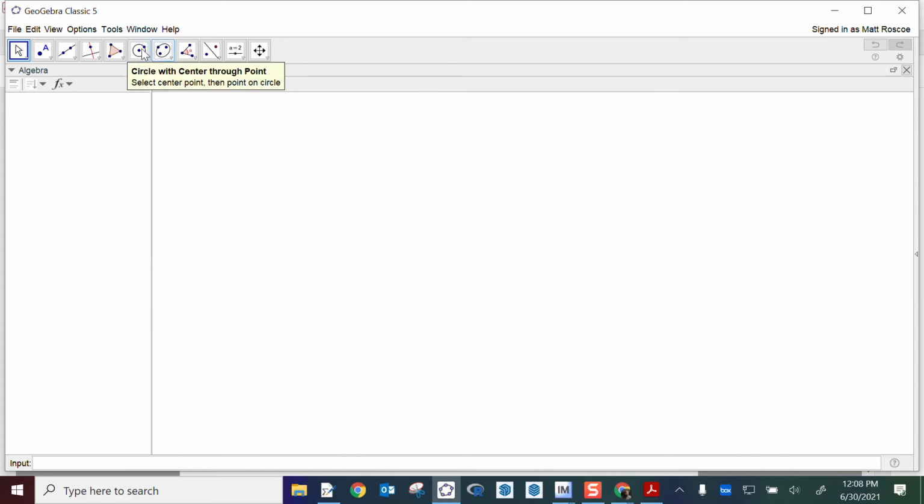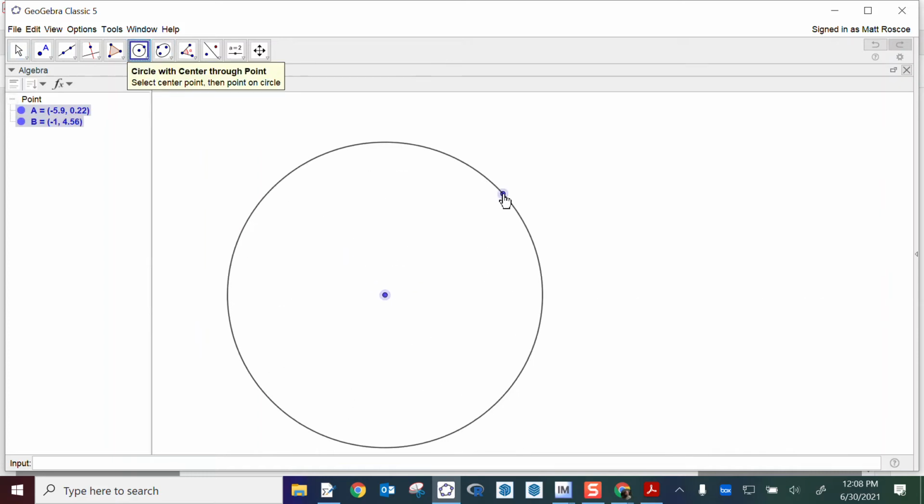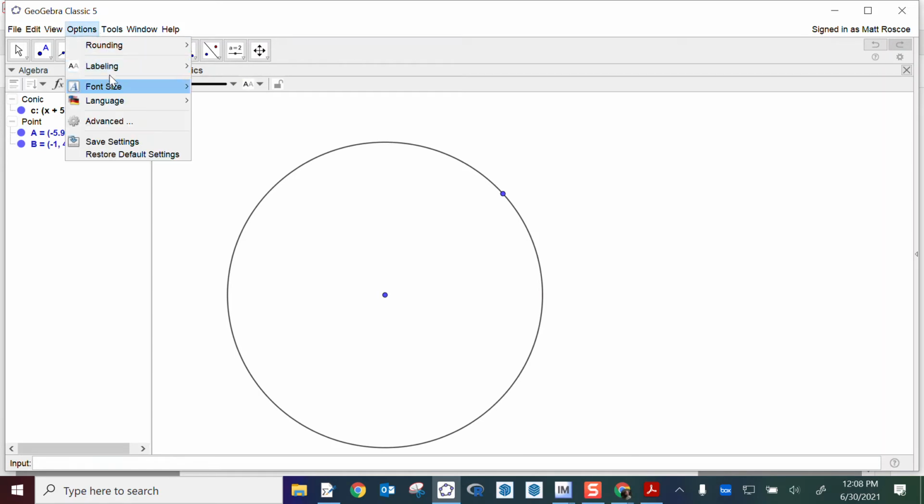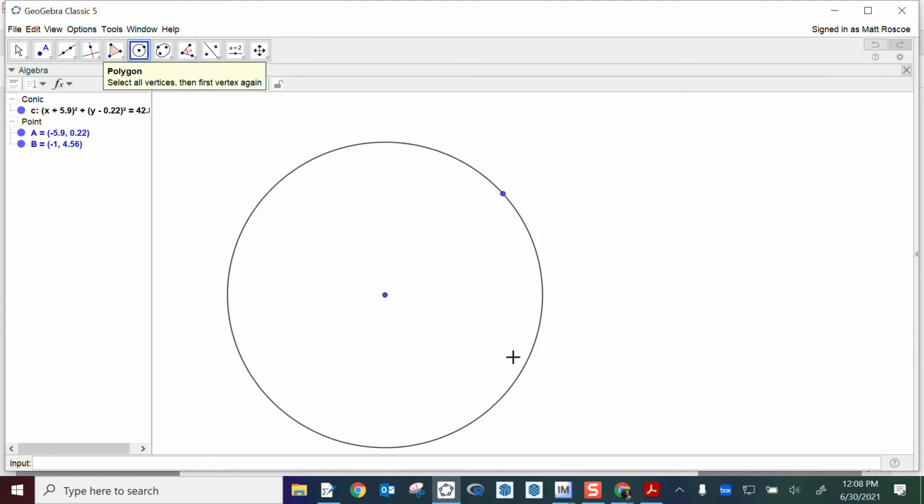The question says start with a circle with center O. I also have options for labeling. I usually do no new objects because I feel like it over labels everything. Okay, so there's a circle with center O, and then we're supposed to pick 3 points on the circle, an A, a B, and a C, I think.